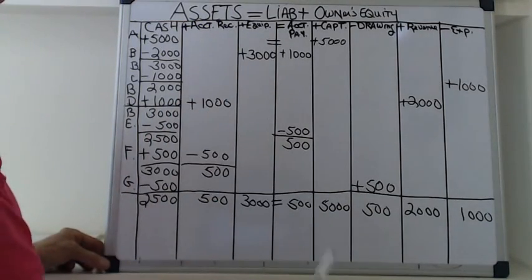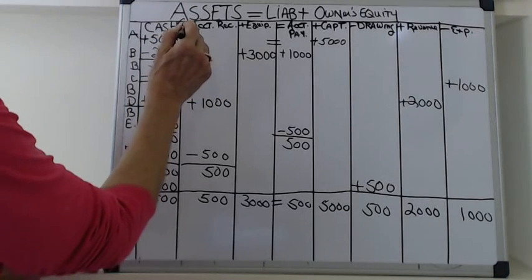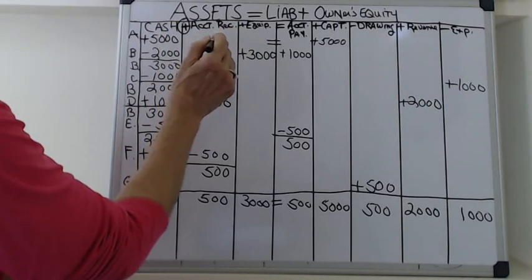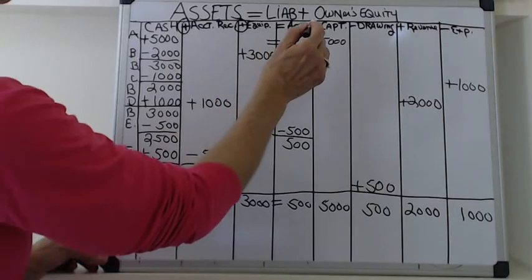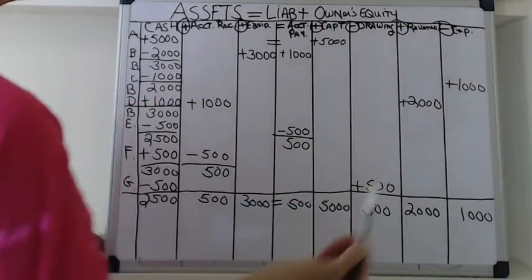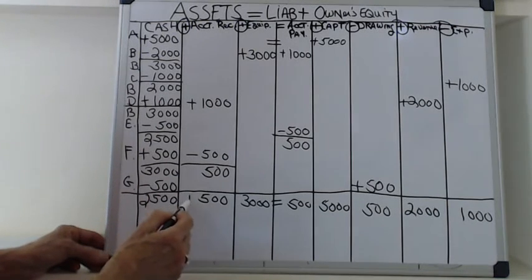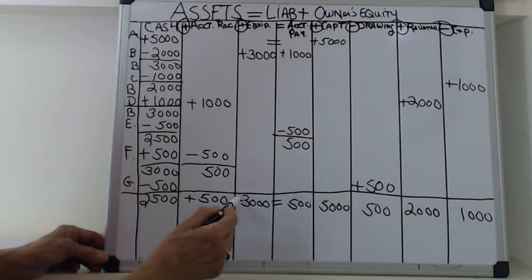Now, what I'm going to do is go back to the top and look at those plus and minus signs between my accounts here. That is going to tell me what to do with my balances. So my cash, I'm going to add my three numbers together.